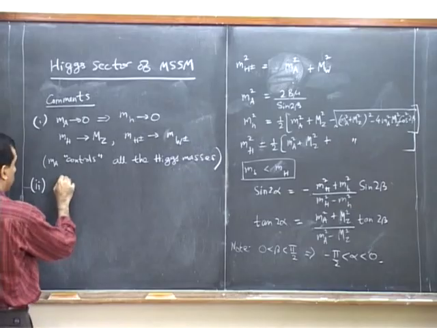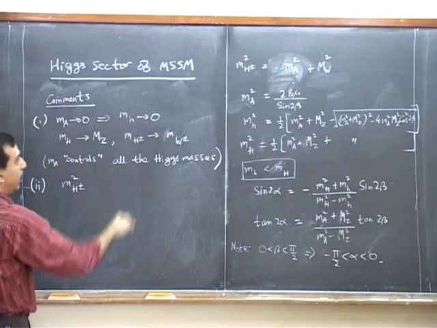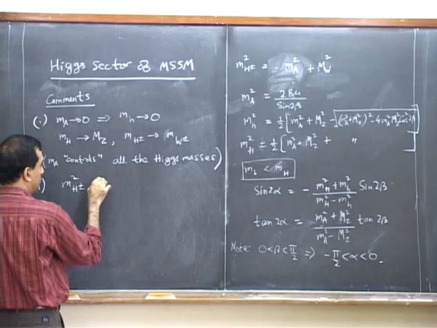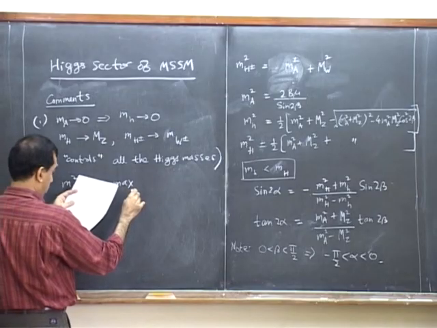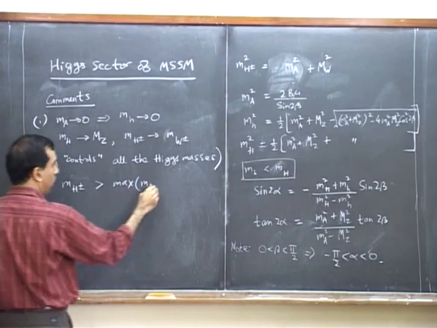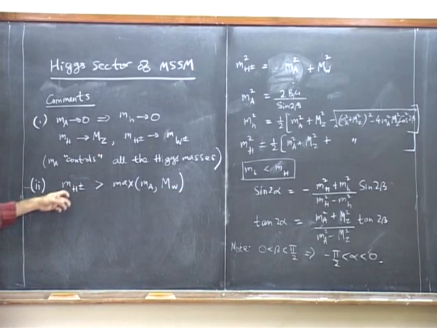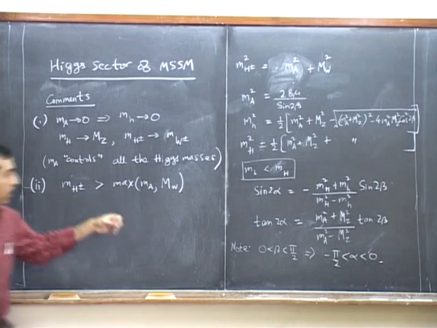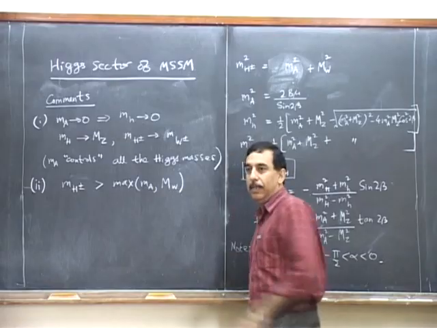So first of all, we notice that the top relation, the one for H plus and minus, tells us that this is greater than the maximum of MA and MW. So I don't have to put the square. That means the charged Higgs are heavier than the maximum of this neutral Higgs and the W boson.